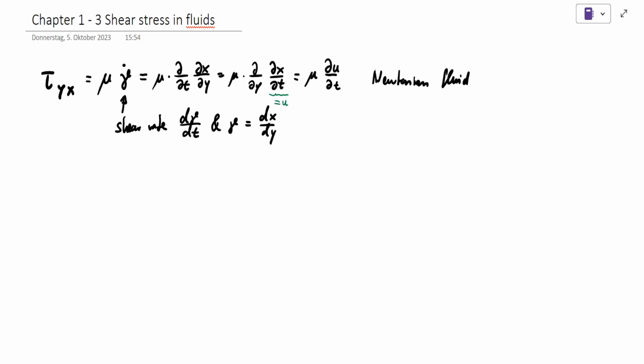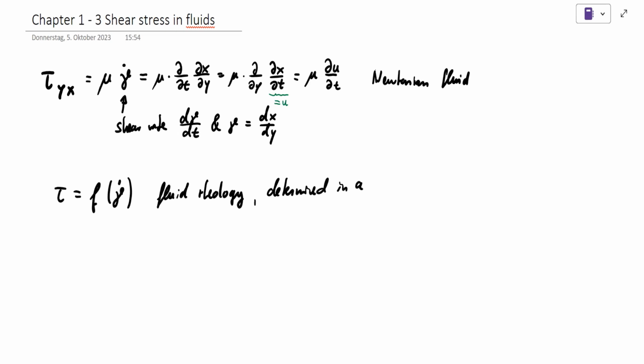And in the more general case, of course, we know that the shear stress is a function of the shear rate. So it is not proportional, but it is just an arbitrary function. And this is then called fluid rheology. And we can determine the function, for example, in a viscosimeter.